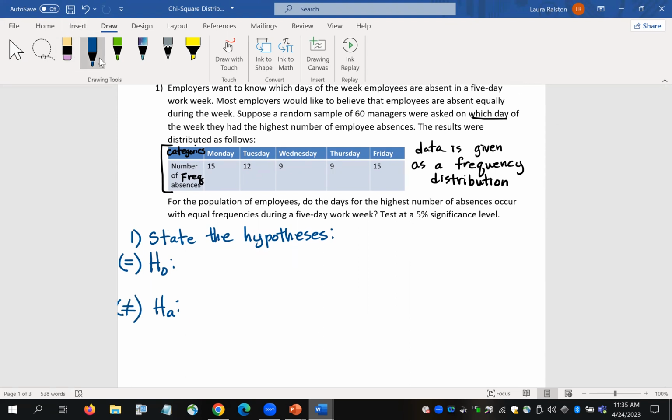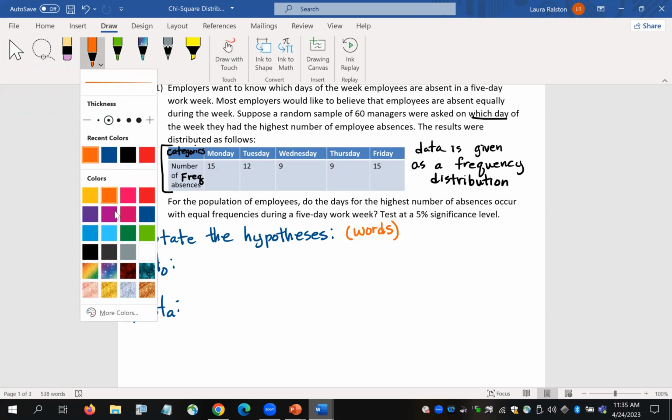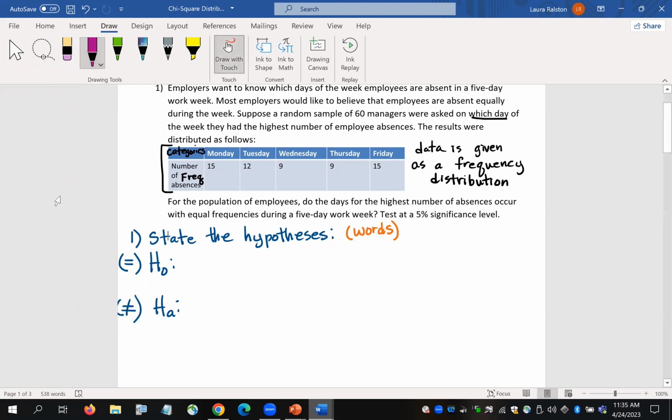And for chi-square goodness of fit, I know that in your homeworks and on the final exam, it's written in words. So we got to try to figure out what our hypothesis is going to be.